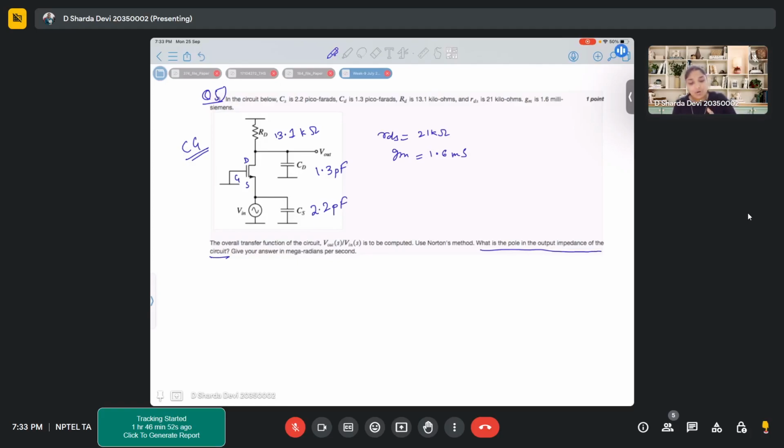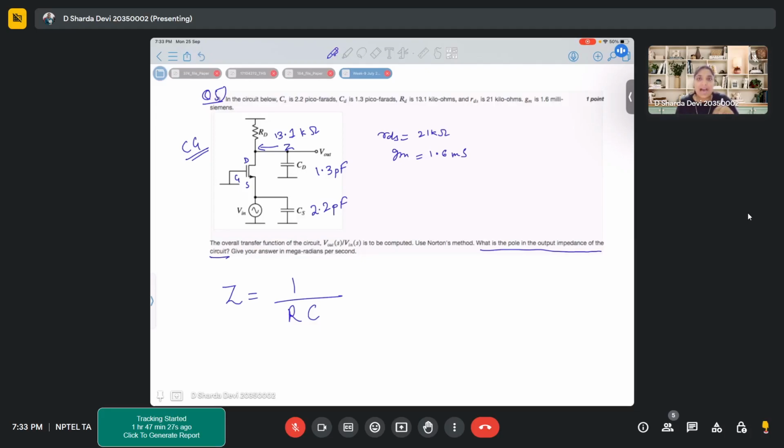So, first of all, output impedance you will look from this particular node, Z. And Z, we know that it will be in the form of R and C, correct? So here the pole that we will have at this particular node is given by 1 by R into C. At any particular node, if you want to calculate the pole, how do you calculate?